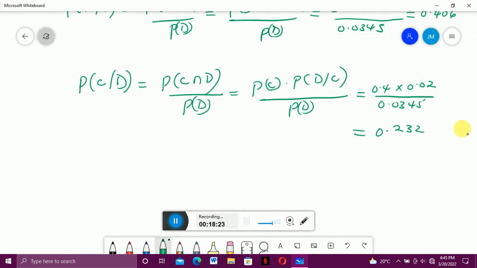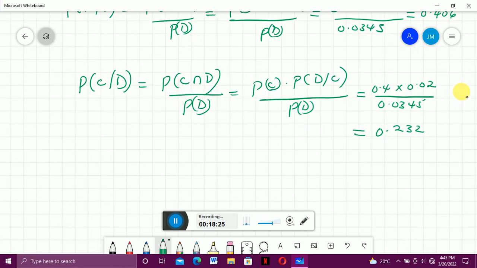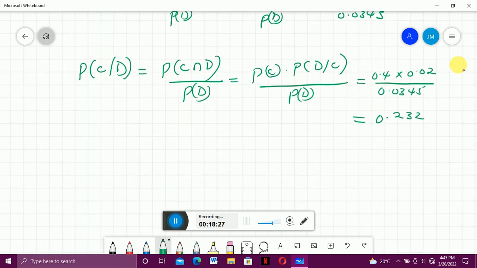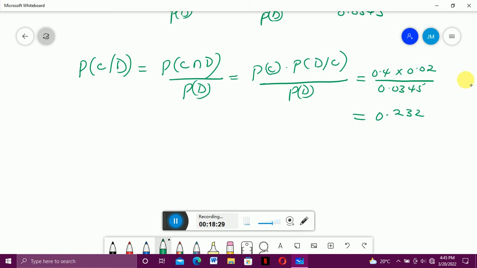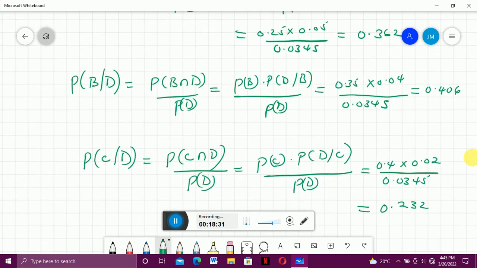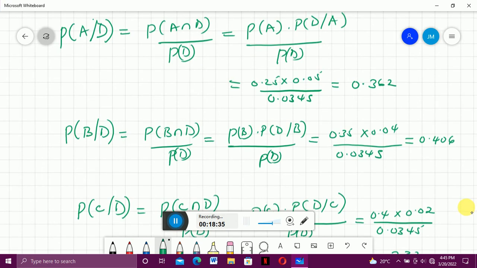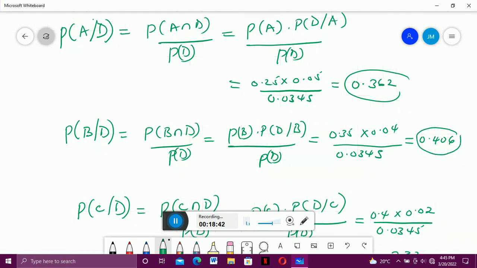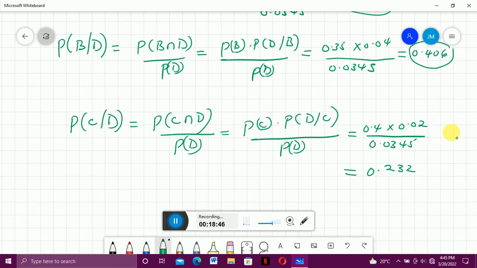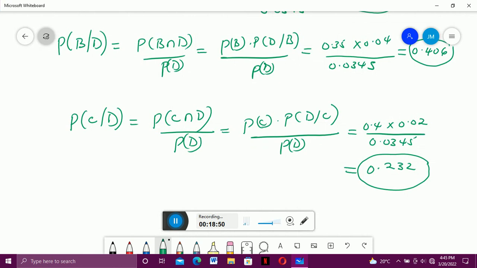You could now add up the probabilities. The probability that a bolt is from A, given that it's defective, is 0.362. The other one is 0.406. And the other one is 0.232.